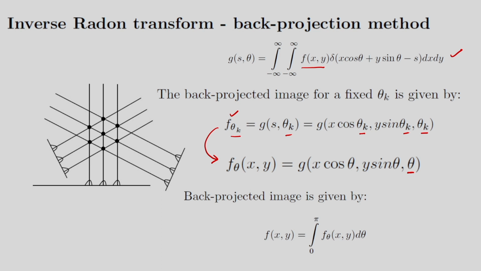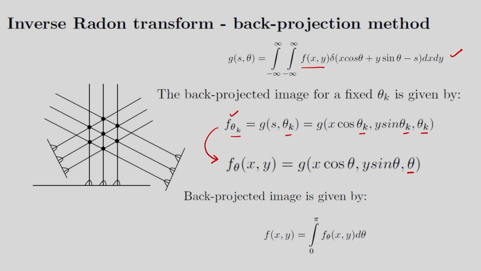In this case, how do we get a particular projection? I am explaining again: the theta is fixed and we are varying the variable s. That means we simply sum the pixels of f(x,y) along the line defined by the specified values of these parameters. The parameters are mainly s and theta.